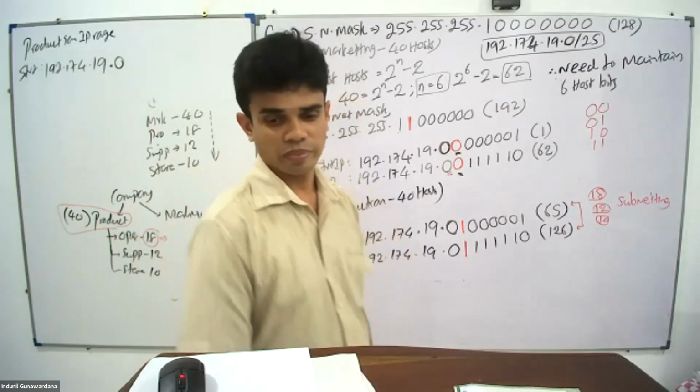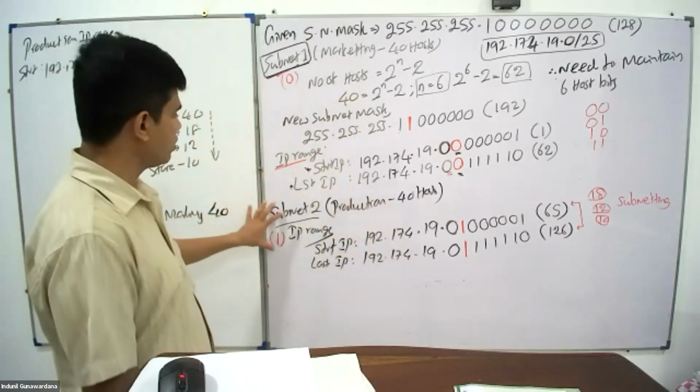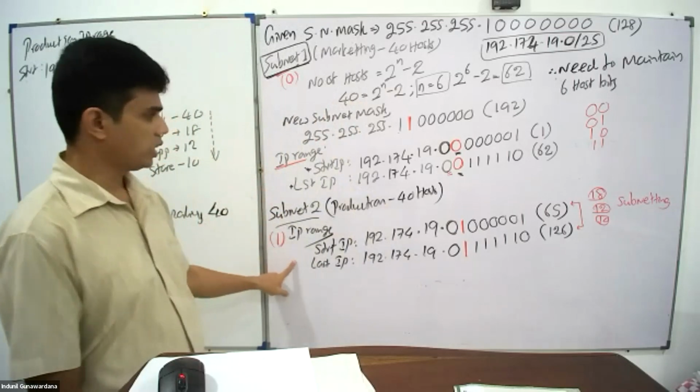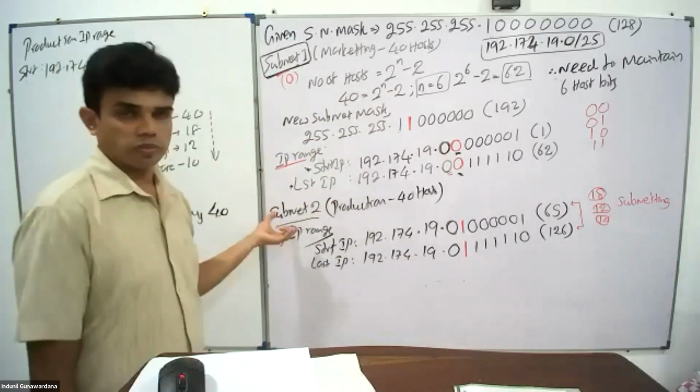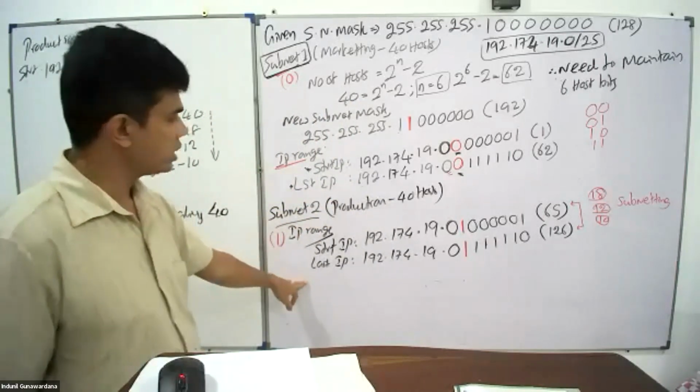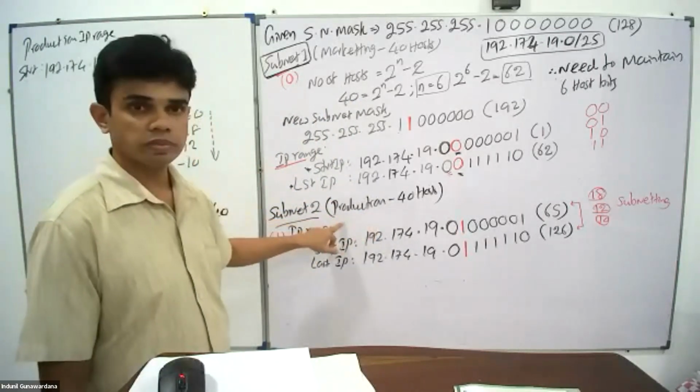Correct. And after coming to this level, you write further, right? Then write the subnet 2. After coming to this level, we write the subnet 2 within the production.